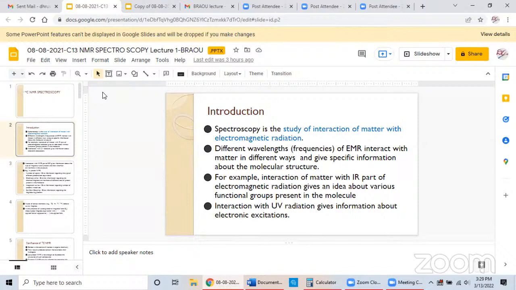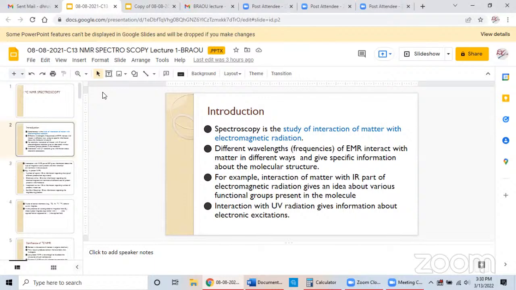They behave as tiny magnets, and this magnetic moment is responsible for nuclear level excitation, which interacts with the radiofrequency part of the electromagnetic radiation. They absorb energy from that part of the radiation and get excited to higher energy states, which is recorded in the form of the spectrum, which you have learned, but which you will be learning again a little bit later.